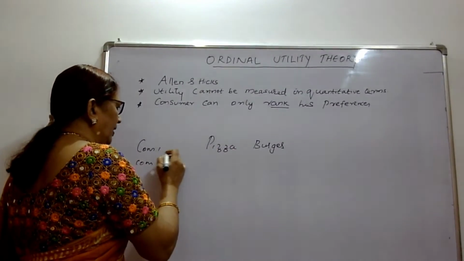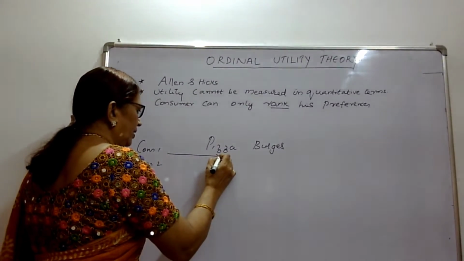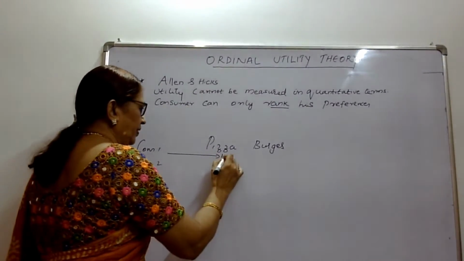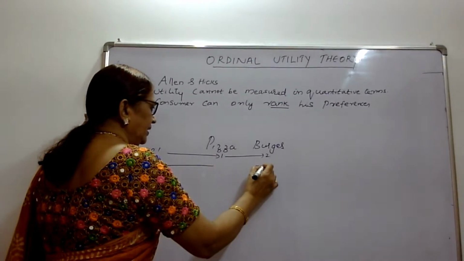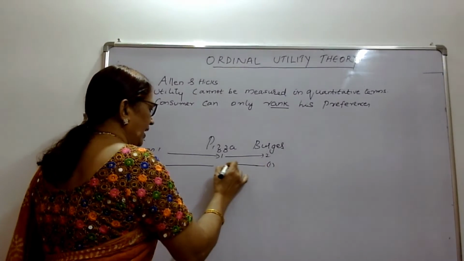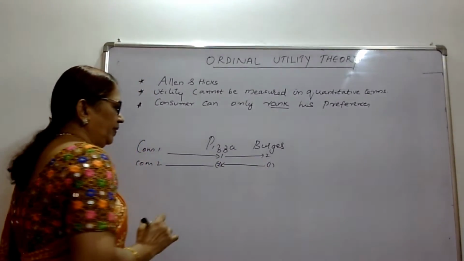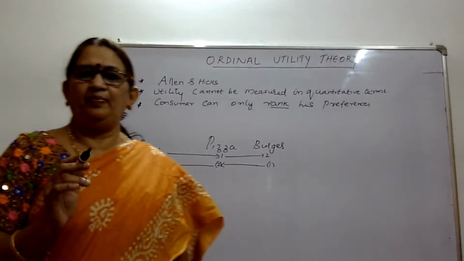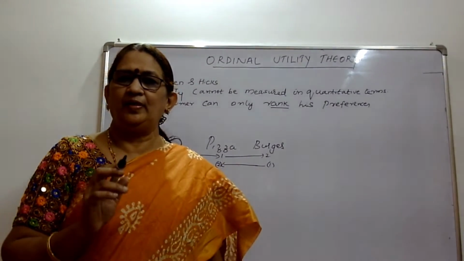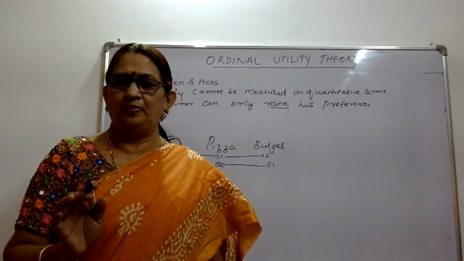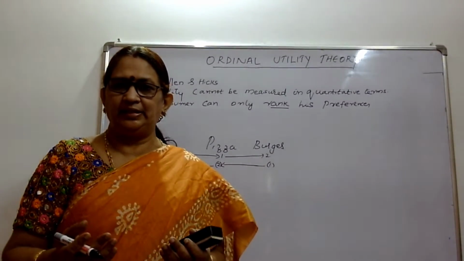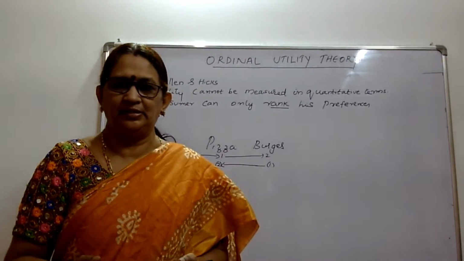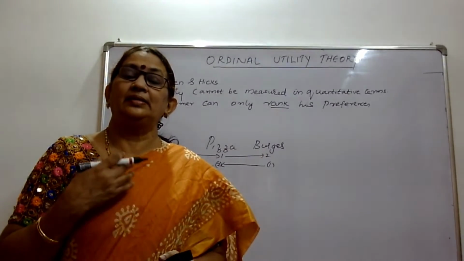Consumer 1 will prefer pizza; that is his first preference, and second only burger. But according to consumer 2, this is the first preference and this one is the second preference. This way, the preferences differ from consumer to consumer, person to person. But these consumers cannot say how much utility is derived by consuming these commodities, or how much is the satisfaction.